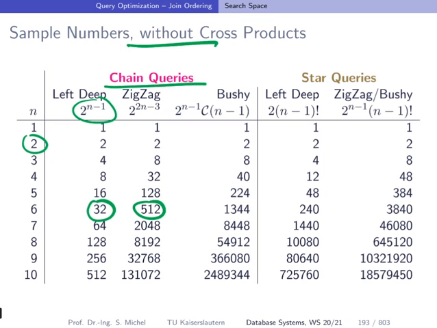And then you might say, let's go for the real answers, and we look at also bushy trees, which include zigzag and left deep. We have 1,344 possible join plans to consider. And you can imagine that this gets costly, even if the cost model can be applied quickly.